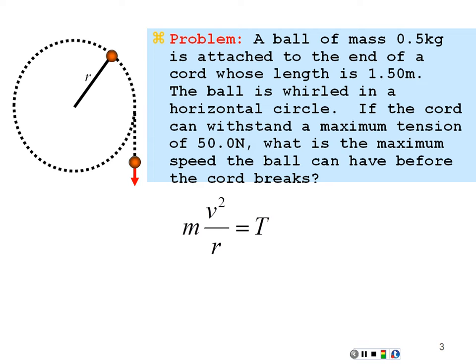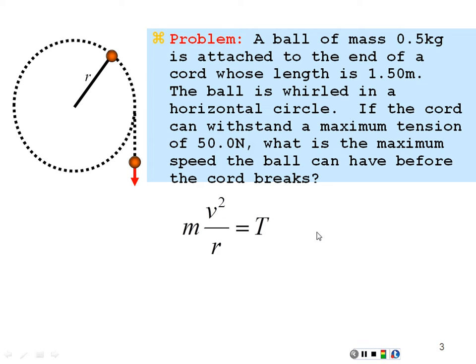So, in this case, we have a centripetal force, a net force, and it is being supplied by one external force, the tension in the cord. Once that tension is released, there's no net force, and it moves according to Newton's first law, straight line motion. So mass times acceleration is our net force, tension.